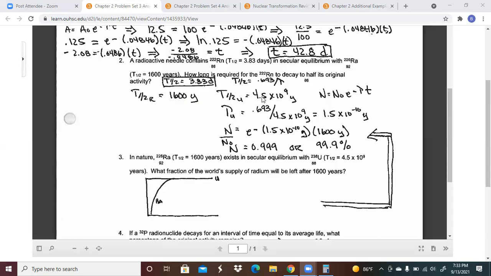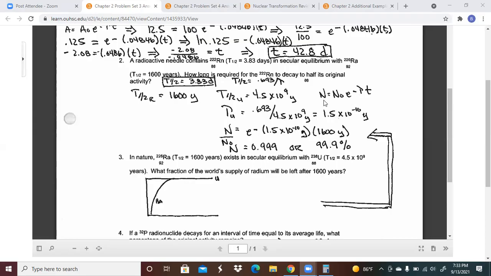We know this is the half-life here, so we can determine what lambda is. That looked like a T there for a minute. I'm sorry, I couldn't figure that one out. Since we know what lambda is, we can put it in here. We know the amount of time because it's asking us how much is left after 1600 years.